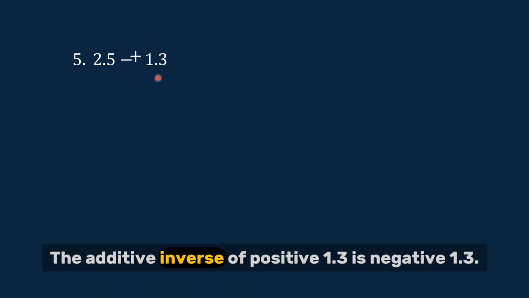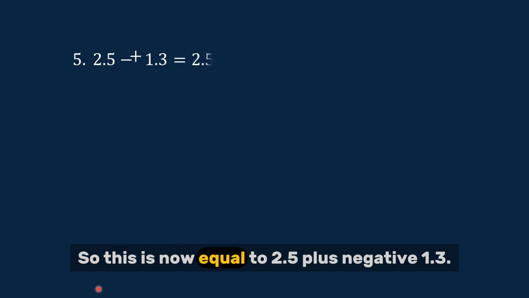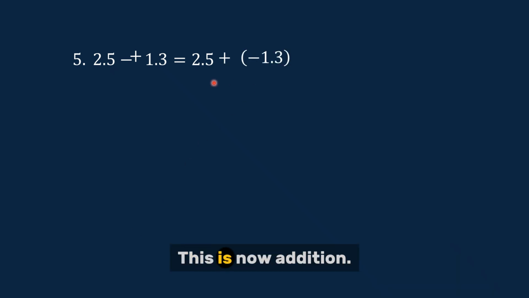The additive inverse of positive 1.3 is negative 1.3. So this is now equal to 2.5 plus negative 1.3. This is now addition.